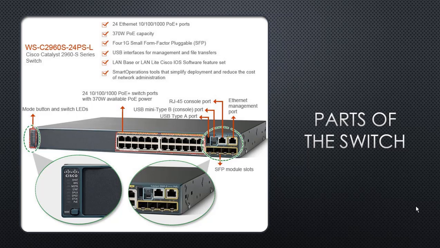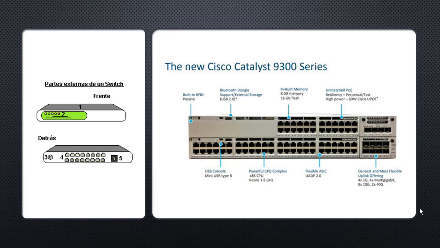8. AC connector. Receives current from the electrical network. Internal memories of the switch: like routers, Cisco switches have several types of memory.